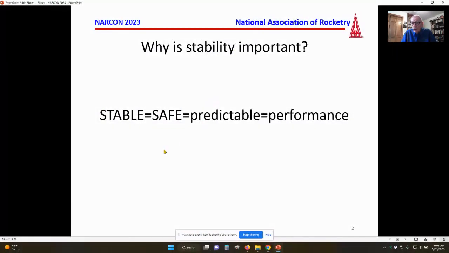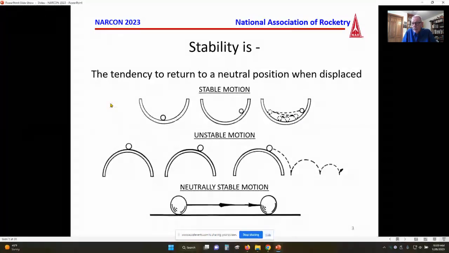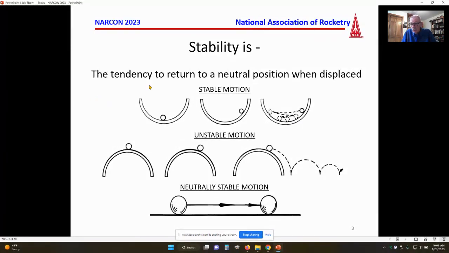And so we're working on stability for a model rocket that makes it safe, predictable, and improves performance. Now, stability is really the tendency to return to a neutral position, that is the initial position or thereabouts, when it's been disturbed. You disturb a ball inside a bowl, and you can see that it will roll back to the center part of the bowl, and that is stable motion.